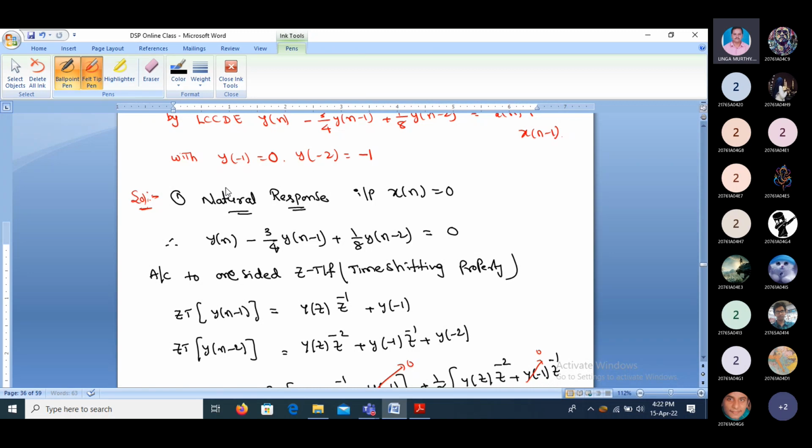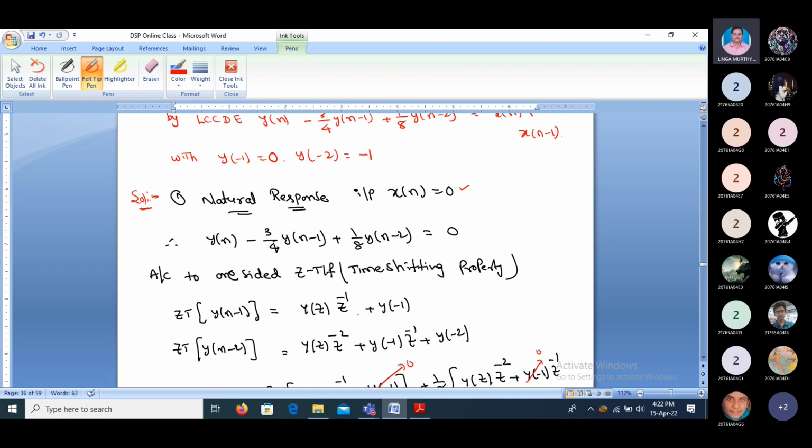Are you understanding? Observe it clearly. For natural response the input x of n is equal to 0. Whenever the input is equal to 0, that complete right-side part here is 0. Whenever you apply the z transformation here, Y of z times 1 minus 3 by 4 z inverse plus 1 by 8 z power of minus 2 is equal to 0. From this, Y of z is equal to 0 by something, 0.